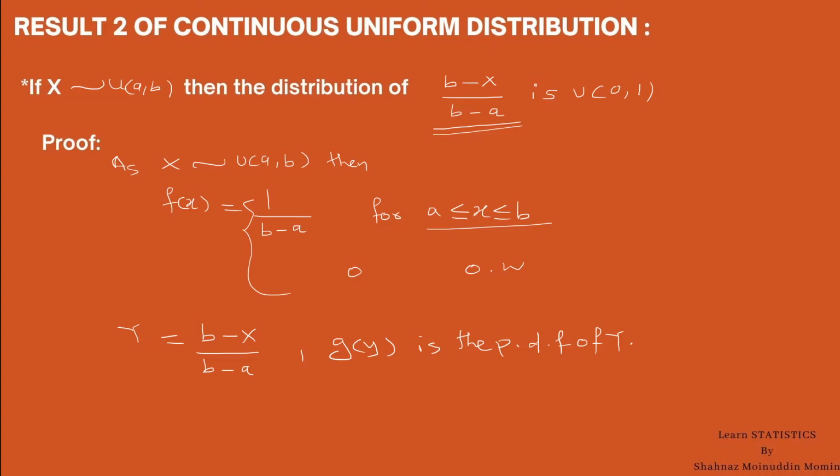By that theorem, the PDF of Y is given by g_Y equal to f_X into absolute value of dx upon dy, the derivative of x with respect to y. We have defined here Y as b minus X divided by b minus a.